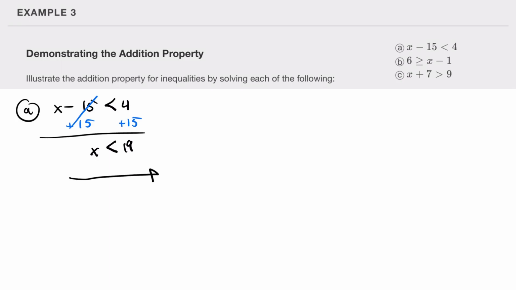And then a quick graph for that. Say this is our 19. If the alligator is eating the bigger thing, that means our numbers are smaller, so our numbers go to the left.